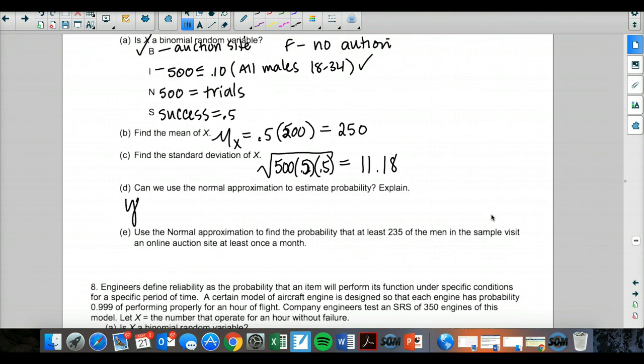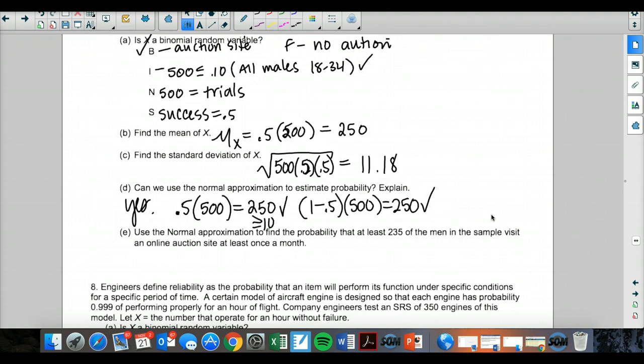I'm going to say yes. 0.5 times 500 is 250, and 1 minus 0.5 times 500 is 250. They're both greater than or equal to 10. So large counts is satisfied.